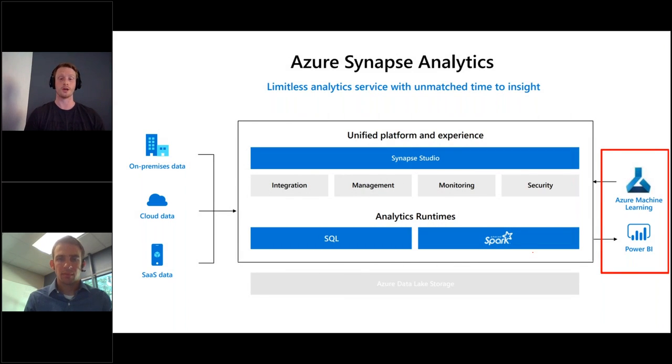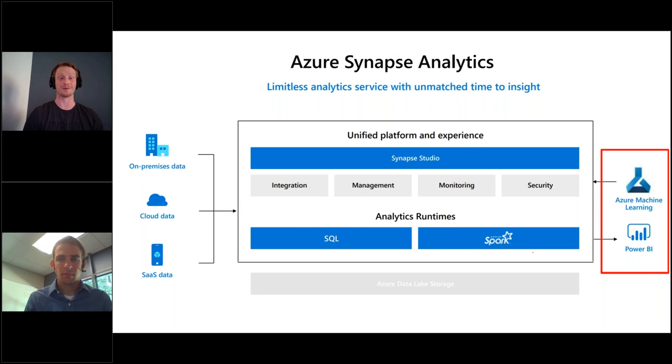So on top of Synapse, we talk a lot about the processing, but there are a lot of other things. We're not just using these resources in isolation from the rest of Azure. We still have the same monitoring and best-in-class security that's available throughout Azure.